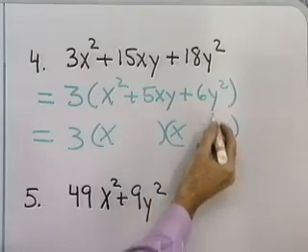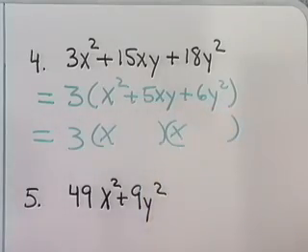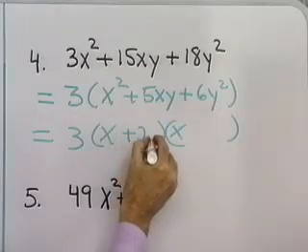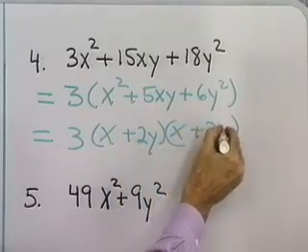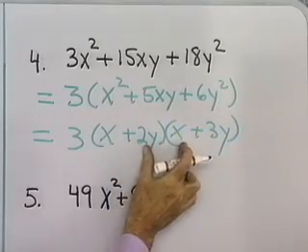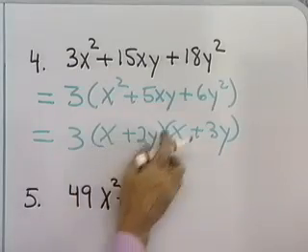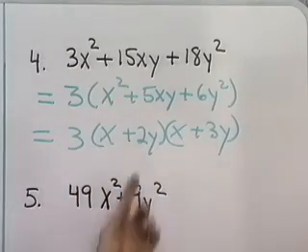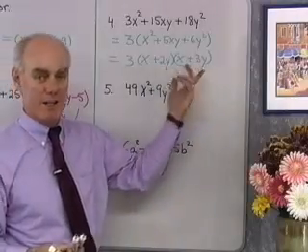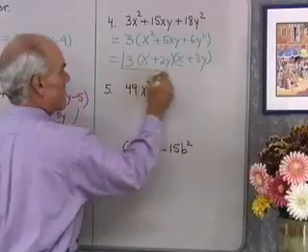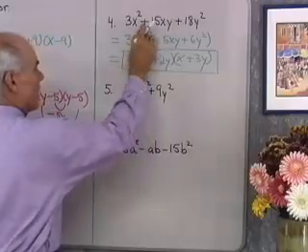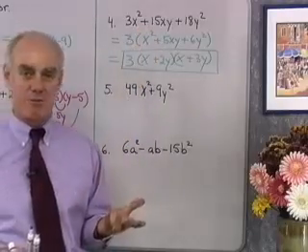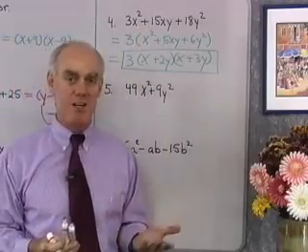Then I want to multiply and get 6y squared and add and get 5xy. I think 2y and 3y will do it. Inside 2xy, outside 3xy, those add up to 5xy, and 2y times 3y is 6y squared. So that is the factorization for this. Remember, you always want to factor out the greatest common factor first if it's any number other than 1.